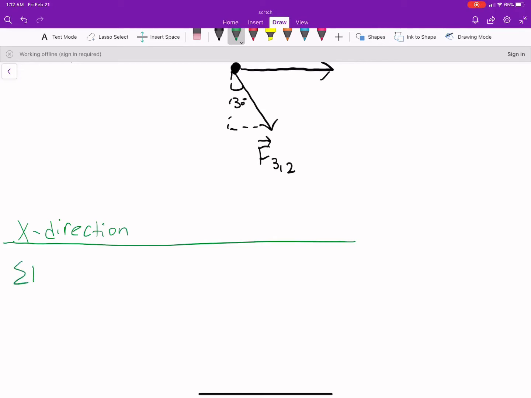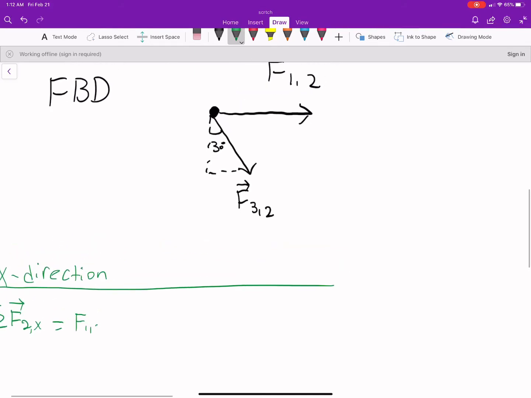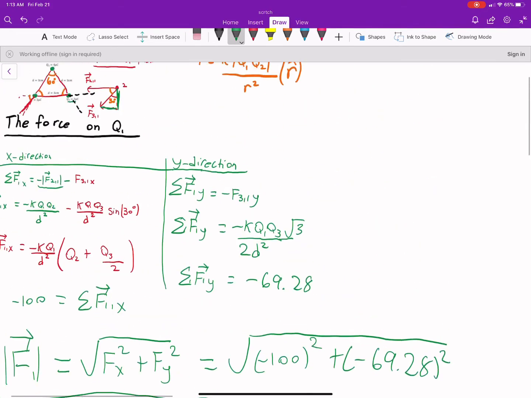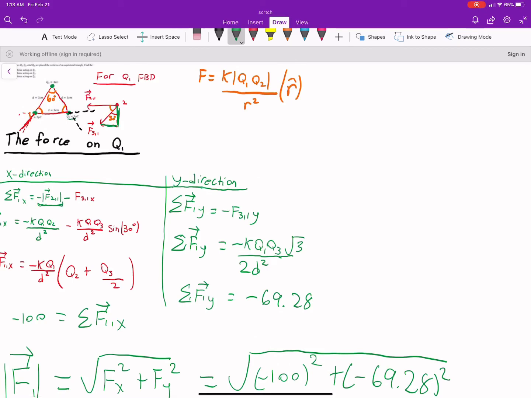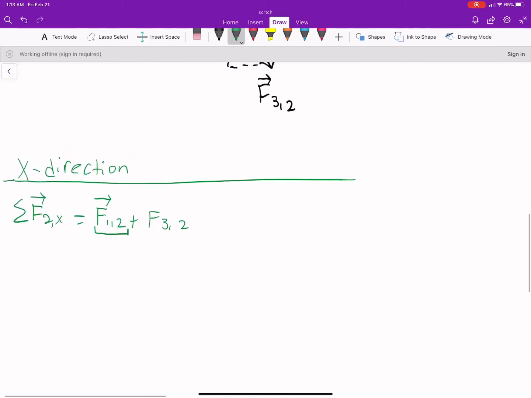So the sum of forces on 2 in the X direction is going to be equal to F1 onto 2 minus, not plus, F3 onto 2. So what I want us to see is that this is a third law partner with this, which is pretty helpful. But in this case, let's just go ahead and work through it.